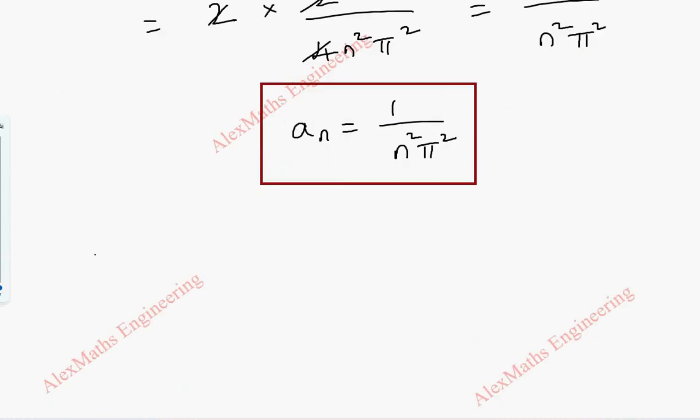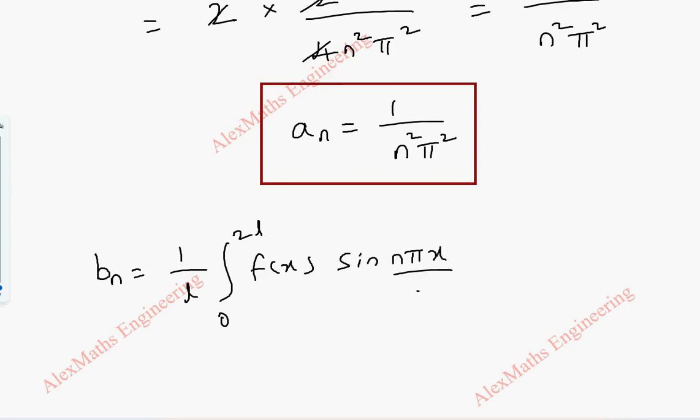After this, we continue to calculate bn. So bn by formula is 1 by L integral 0 to 2L f of x sin n pi x by L dx.